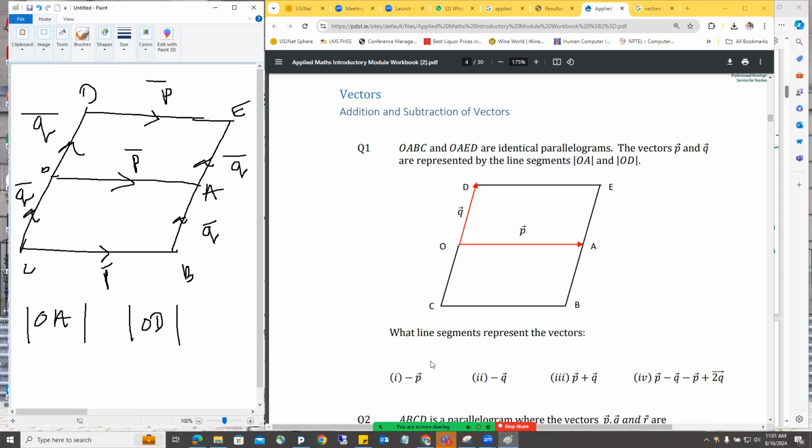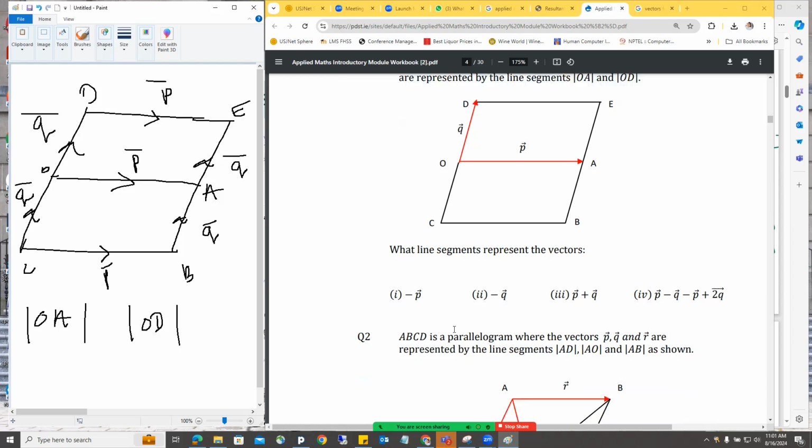Now, for the minus P vector, what would be the line segment? Tell me. Is it minus AO? Not minus AO, that is OA.